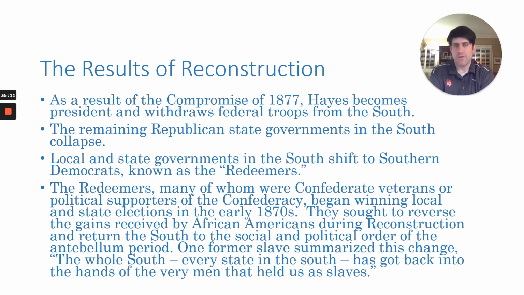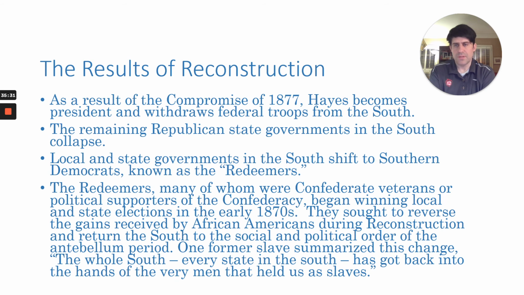And many of these Redeemers were men who were veterans of the Confederate Army or had supported the Confederacy during the Civil War, either politically or financially or a mixture of the two.